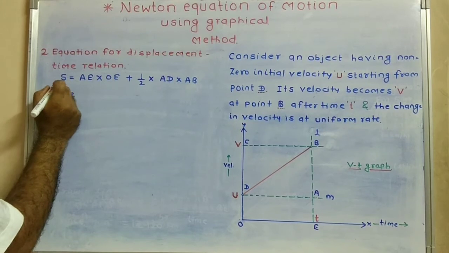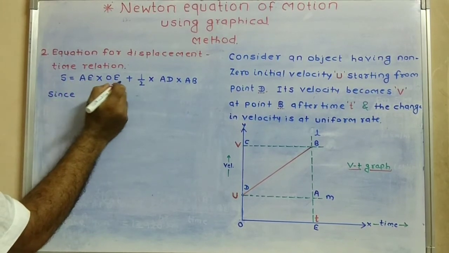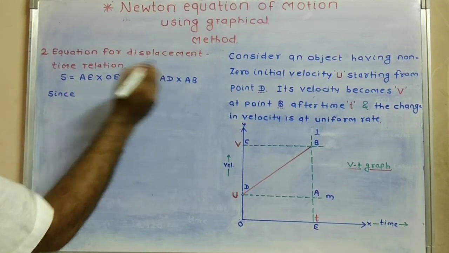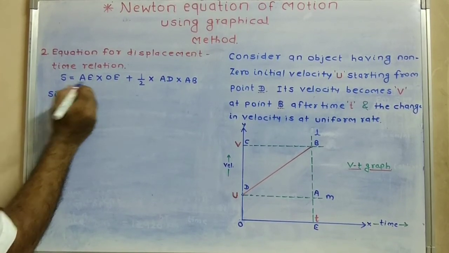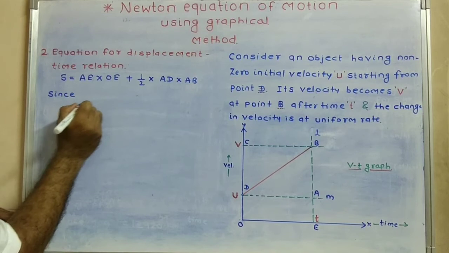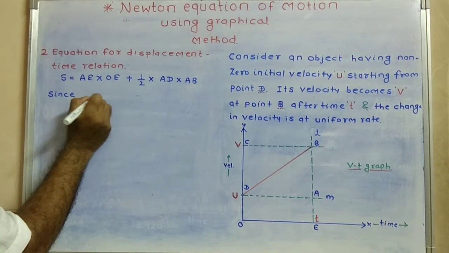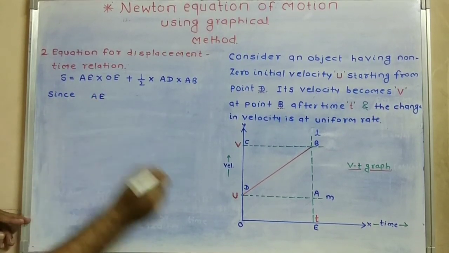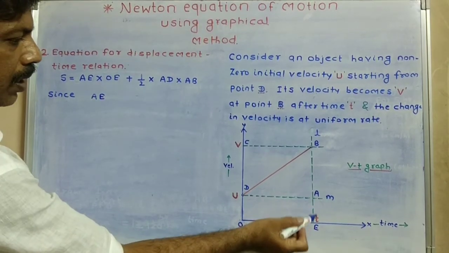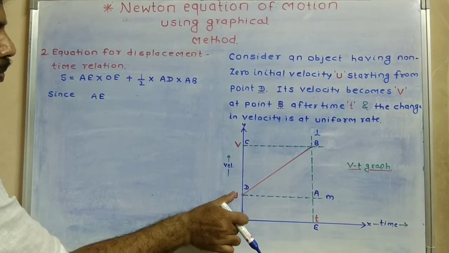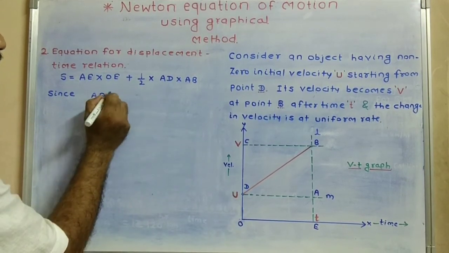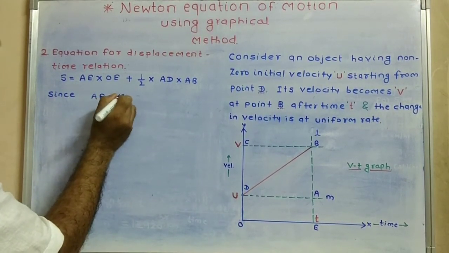Now we have got S is equal to AE multiplied by OE plus half into AD multiplied by AB. Since we want the value of AE, AE has got value equal to OD, which is equal to U. Therefore, I am writing the first value equal to U.